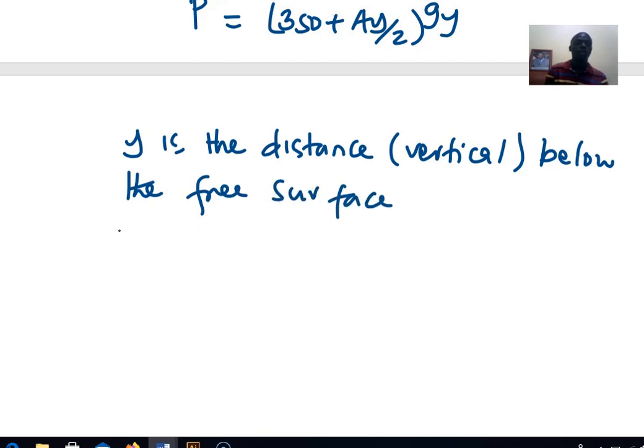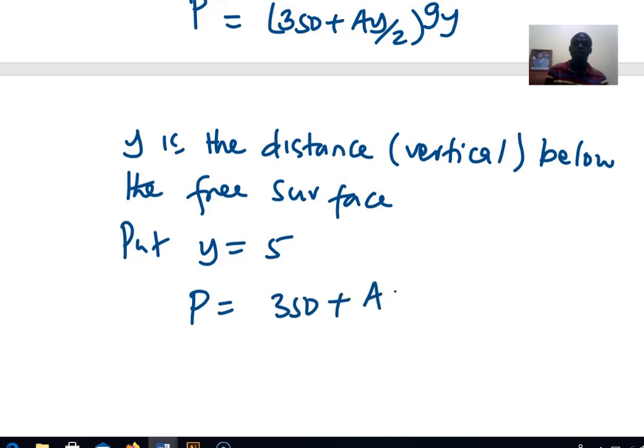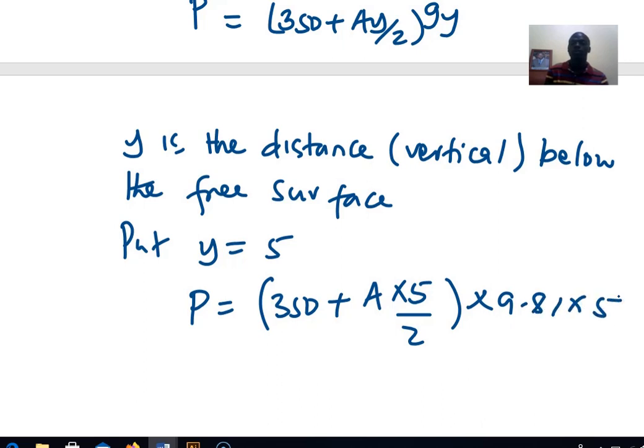So therefore put y equal to 5. So P will equal (350 plus A times 5 divided by 2) into g, which is 9.81, times 5, because y is 5.